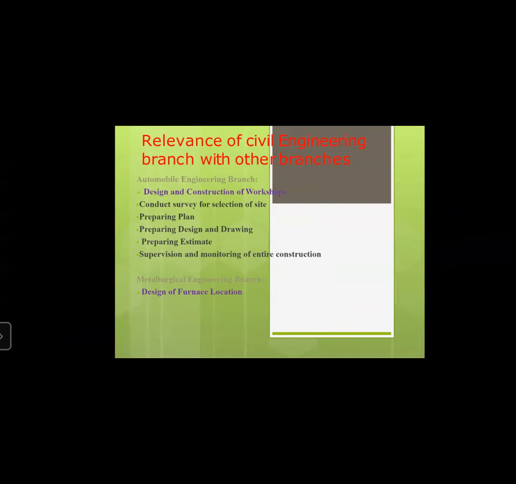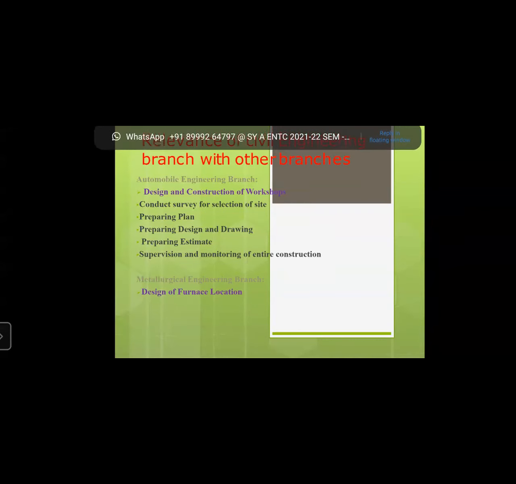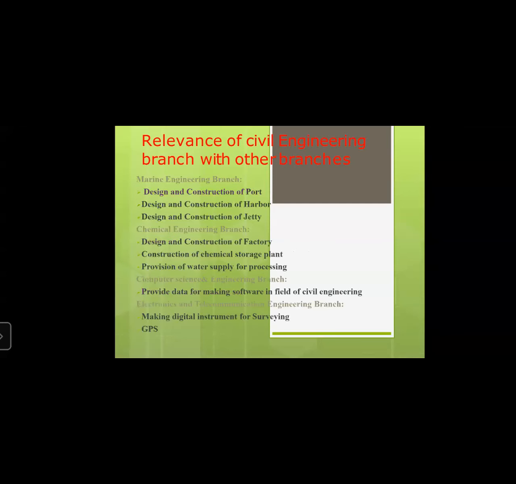That's why. Okay. So here also preparation of the plan, preparation of the design, drawing, preparation of estimation, supervision and monitoring of entire construction. Okay, so in that way, civil engineering branch is correlated to automobile engineering. Then after that, marine engineering.